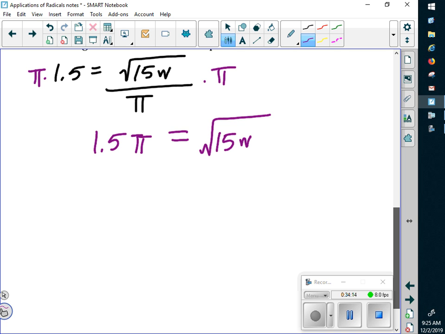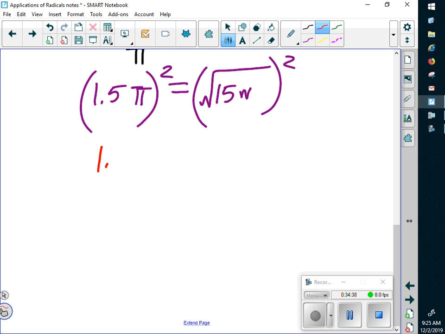Now what? Now I square both sides, right? Because that square root's isolated. Now we're going to square both sides. No calculator yet.